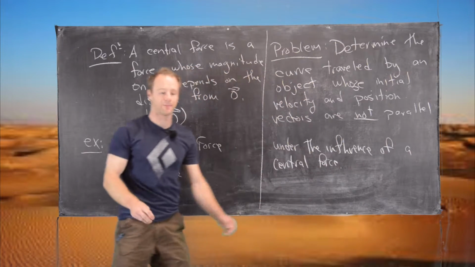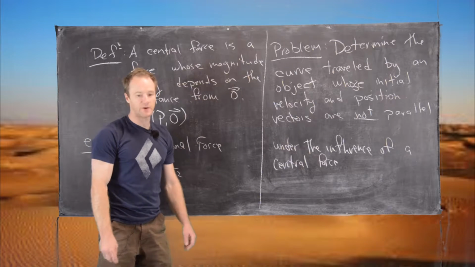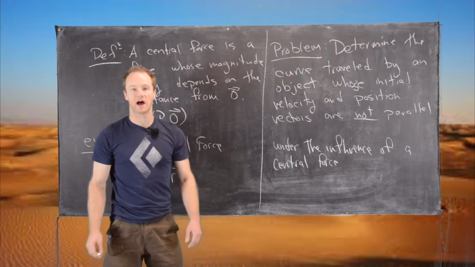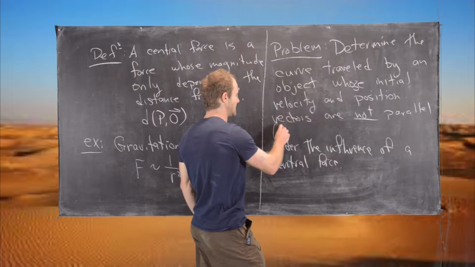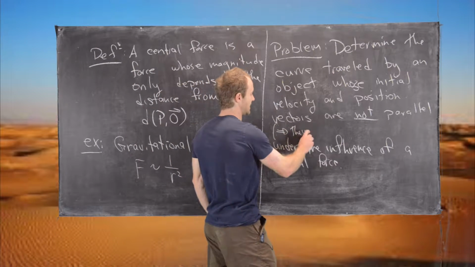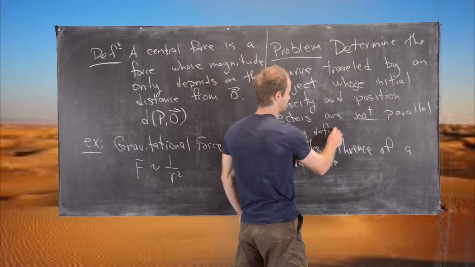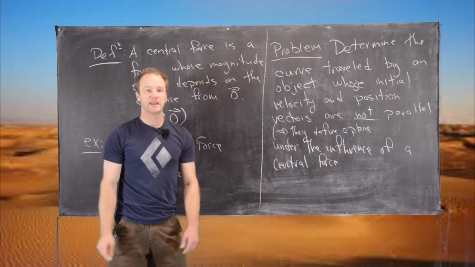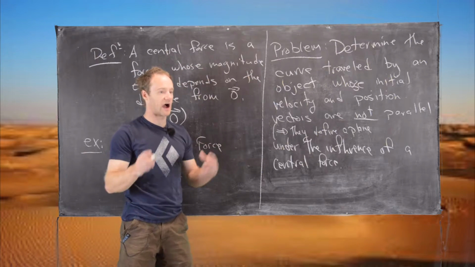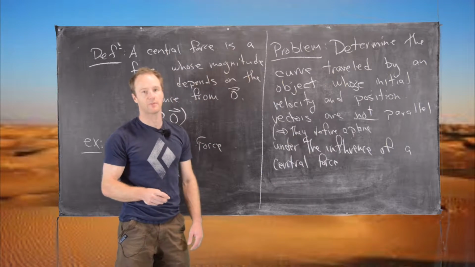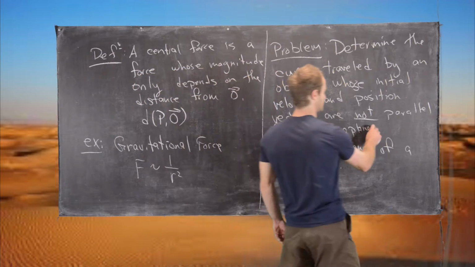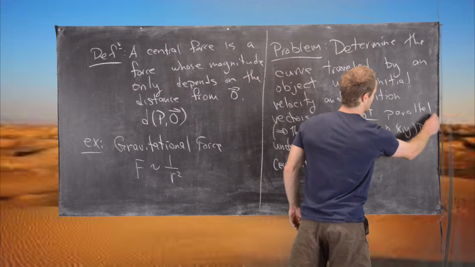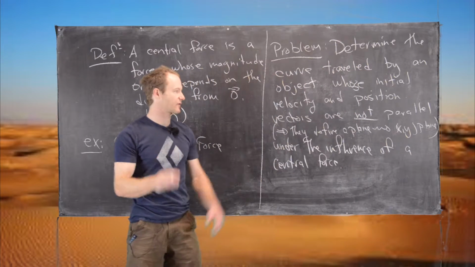I've left a little gap here, and let's see why we need this assumption that they're not parallel. We make this assumption because that means they define a plane, and then we can orient our coordinate system so that plane is the xy plane, which gives us a nice set of coordinates to work in.